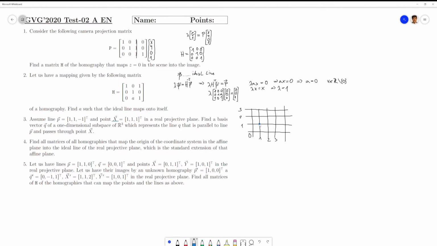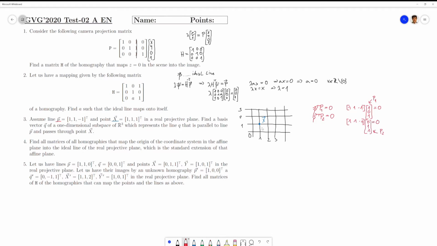Thus p transpose times some point on this line p1 equals 0, and p transpose times p2 equals also 0. In this case we can choose, for example, x equal to 1 and compute y, or choose y and compute x, so we will have the intersections with the x and y axes as these points p1, p2.